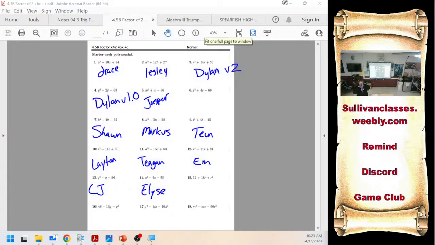Remember, list out all your factors of C, the constant number at the end. Watch your signs. If 1 times 5 can make 5, then negative 1 by negative 5 also can. Okay, have your multiplication charts on hand, calculator, whatever tools you need.